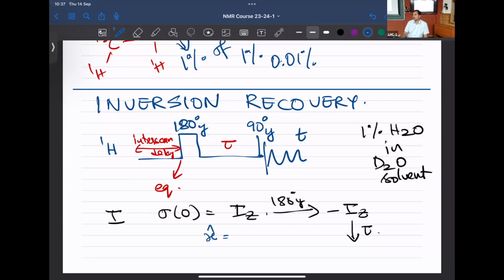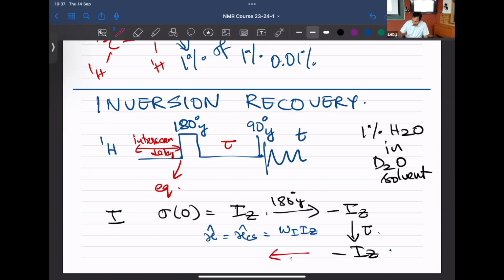What all interactions are present in water? Only chemical shift. And therefore, the Hamiltonian is omega I Iz. So what is going to happen during this tau evolution to this density matrix? Nothing. So it remains minus Iz. We'll understand what it is doing a moment later.